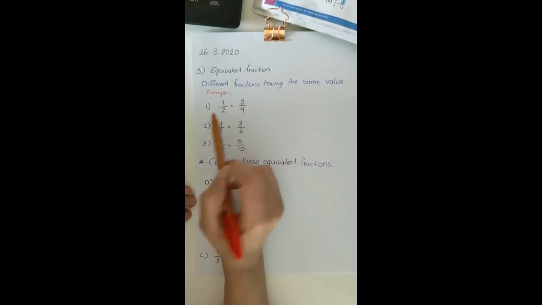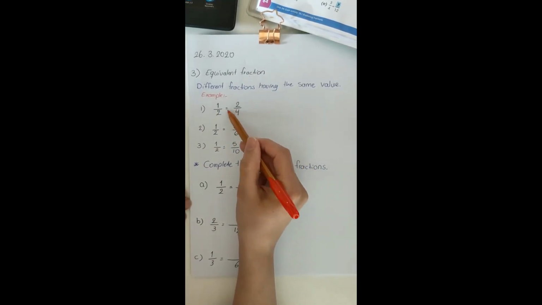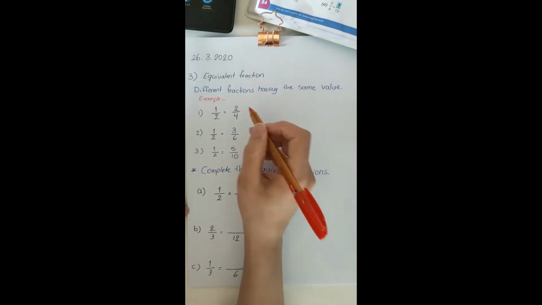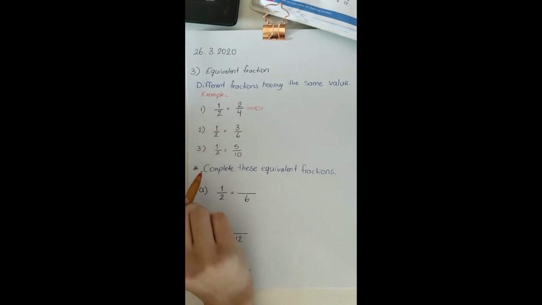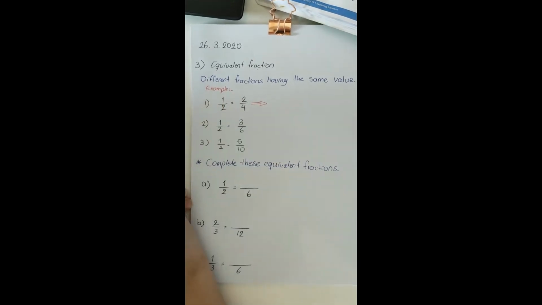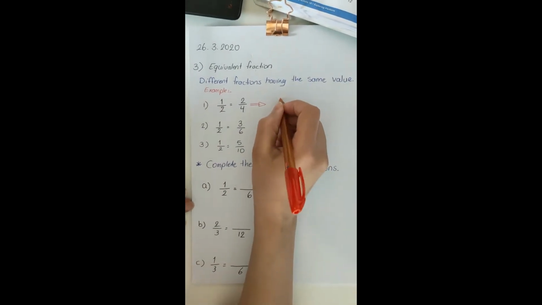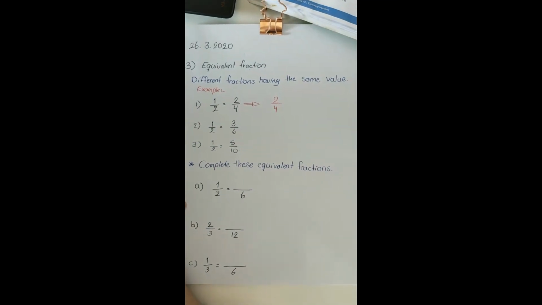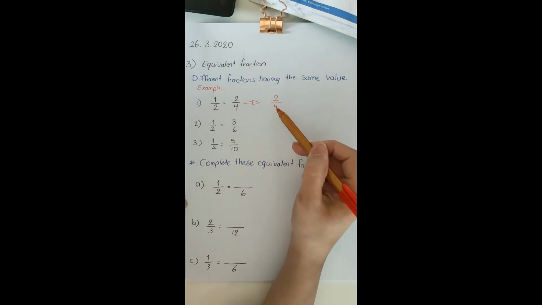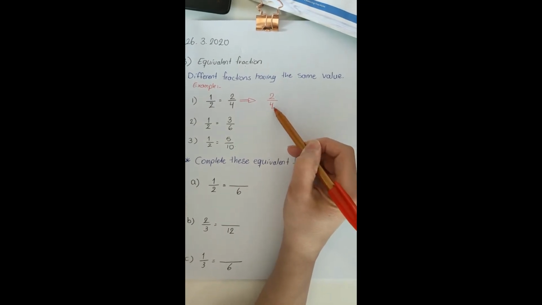Now this is half. This one is 2 over 4. If I simplify the 2 over 4, I'm going to get 1 over 2 again. 2 over 4. How do I simplify it? I'm going to look at these two numbers.